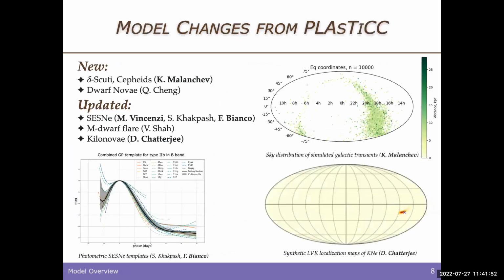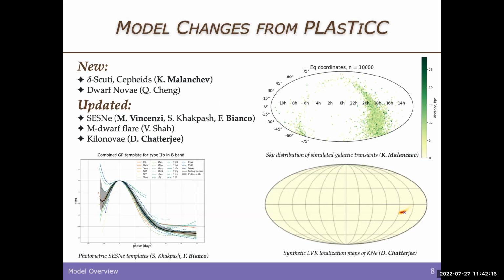So we've updated some models from the simulation framework that we set forth in PLAsTiCC. Namely, there are multiple galactic models that are new that have been integrated with a couple of people, specifically Konstantin Malanchev, who you heard from earlier this week, and Shifang, who gave a dwarf nova model that we've contributed to.